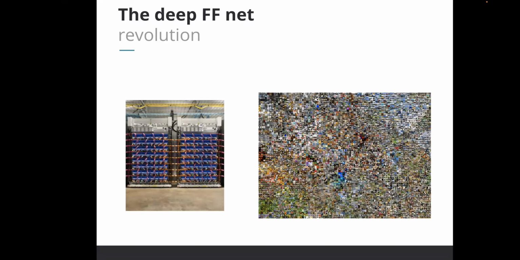One thing powering this progress has been the rapid gains we have made in computing power. What I'm showing here on the left is an example of a TPU, I believe, from Google, an AI accelerator developed by Google. Of course, there are many others, including GPUs.